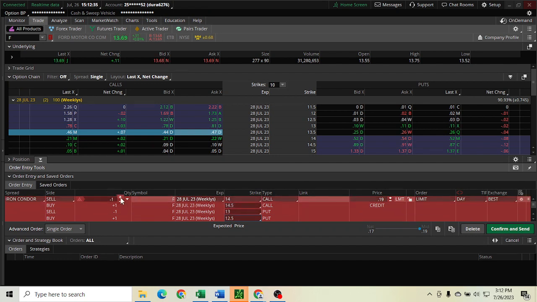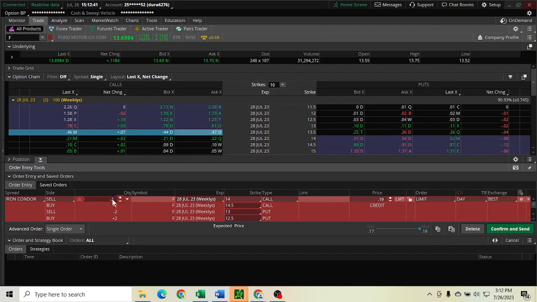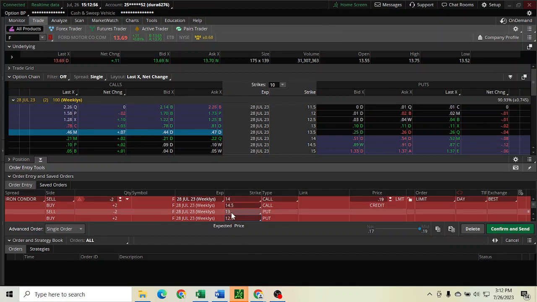So there's the Iron Condor. I want to sell two of them, so you do -2, and that's a $19 credit times 2. We're currently trading at 13.69, so we're leaning a little more towards the 14 than the 13, and so this 14 call is where most of the premium is coming from.